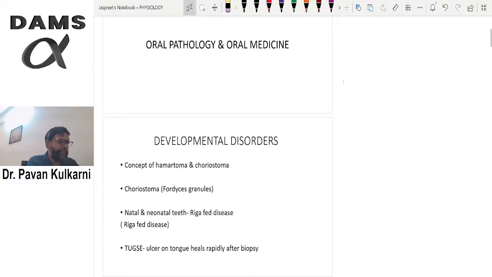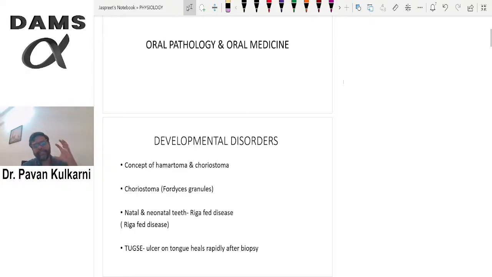For example, they can give you an image of Treacher-Collins syndrome and ask what kind of syndrome it is, or they can give you an image of Pierre-Robin sequence, whatever it is. Related to that image there can be an MCQ.